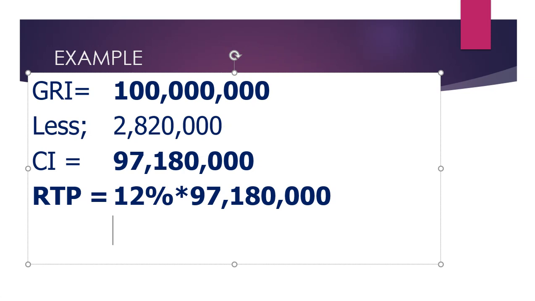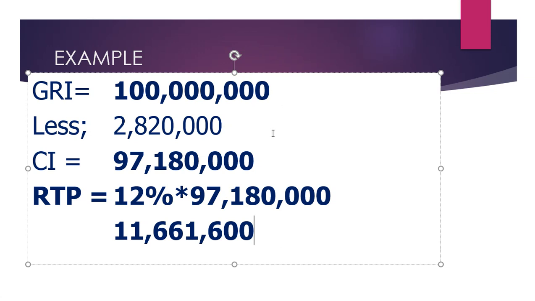We get 11 million 601,600. So you can see now that an individual pays less.